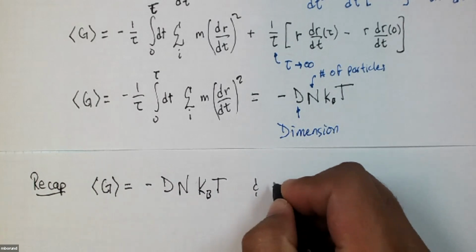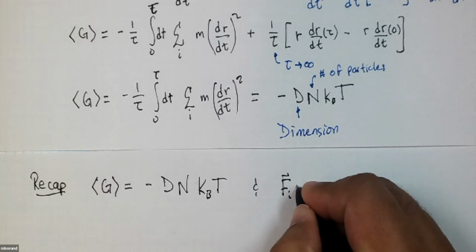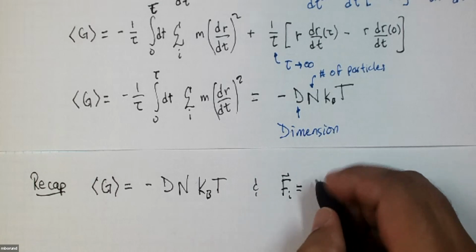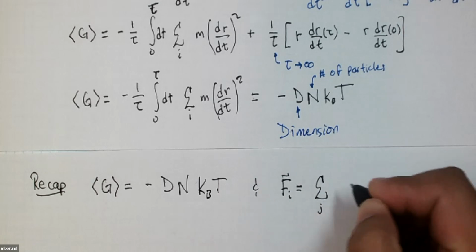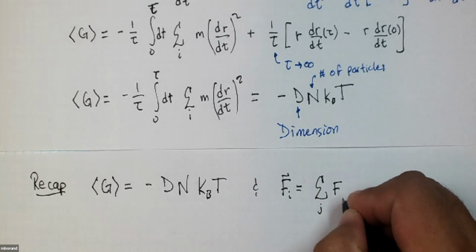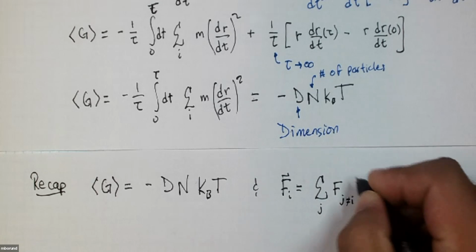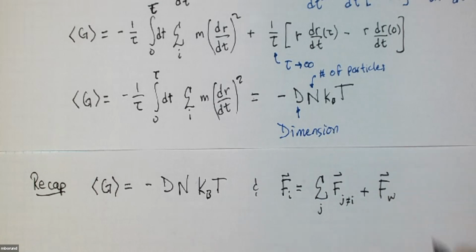And another thing is that the force on i, on that particle i, is the sum over all the particles j, where j cannot be i, of the forces, plus the force on the walls.